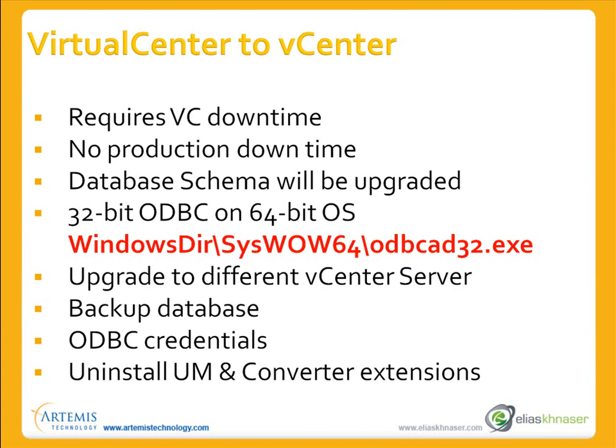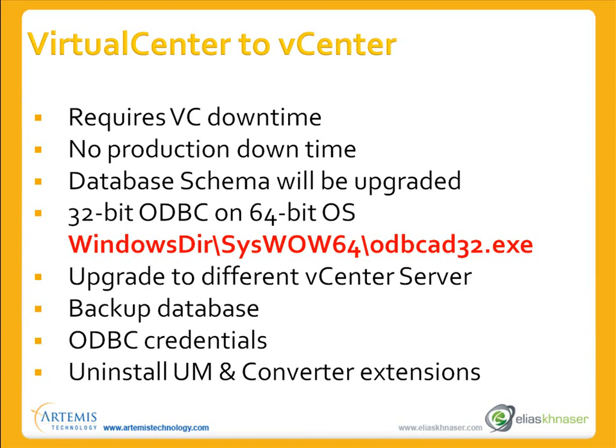Now, after a virtual center server has been upgraded successfully, and before you upgrade Update Manager and Converter, I need to stress the point here that you need to go into Add Remove Programs and uninstall all the Update Manager client extensions and all the Converter client extensions.